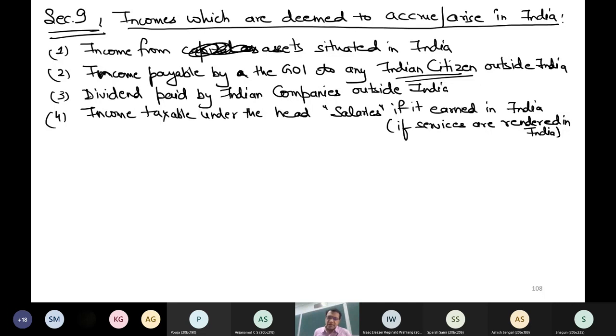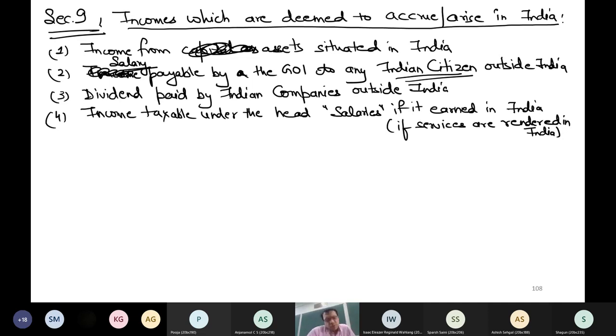So even if I have gone to any foreign country and at that time this amount is given to me, the government says no, it doesn't matter. This income is assumed to be accrued in India, and you pay the tax even if your residential status is non-resident or not ordinarily resident. In the second point also make one change: when I say income payable by the Government of India to any citizen, it is basically salary payable, so to be precise you should use the word salary.